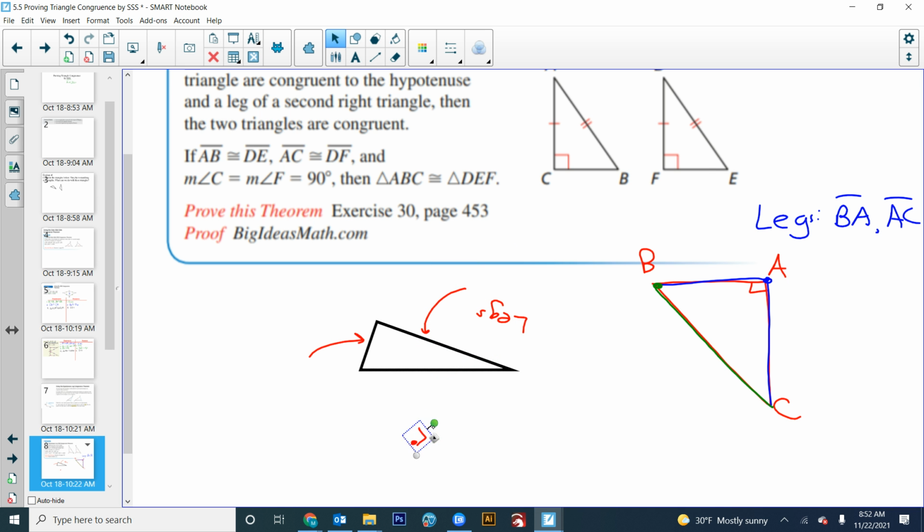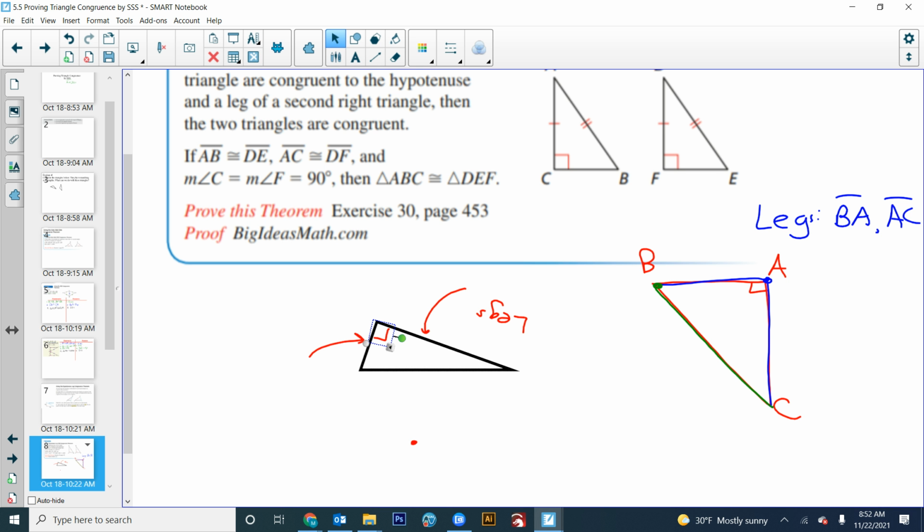As we turn the triangle, there's the hypotenuse, right? So we can't say it's the slanted one. It's the side across from the right angle. What does across from mean? Not touching the right angle. It's the only side that doesn't touch the right angle. That's the hypotenuse. It's always the longest side.